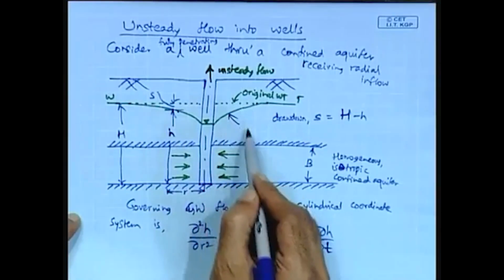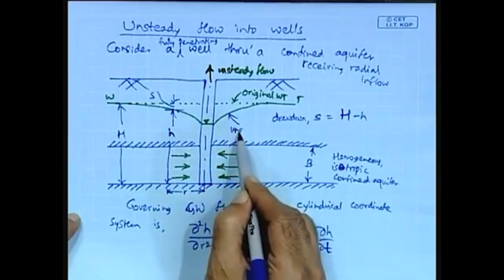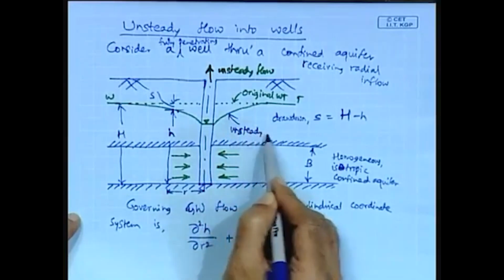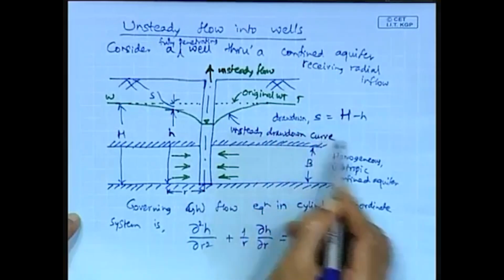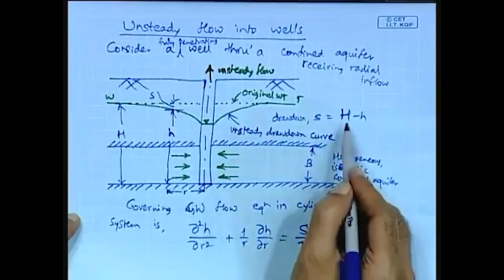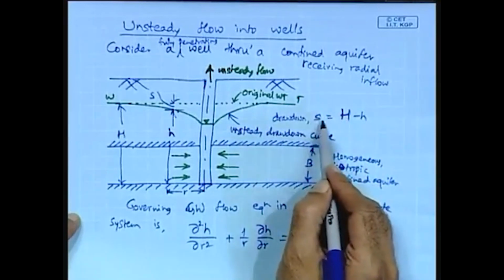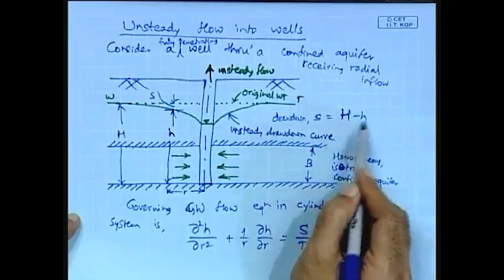So, this is the unsteady drawdown curve. So, this drawdown s is given by capital H minus small h.